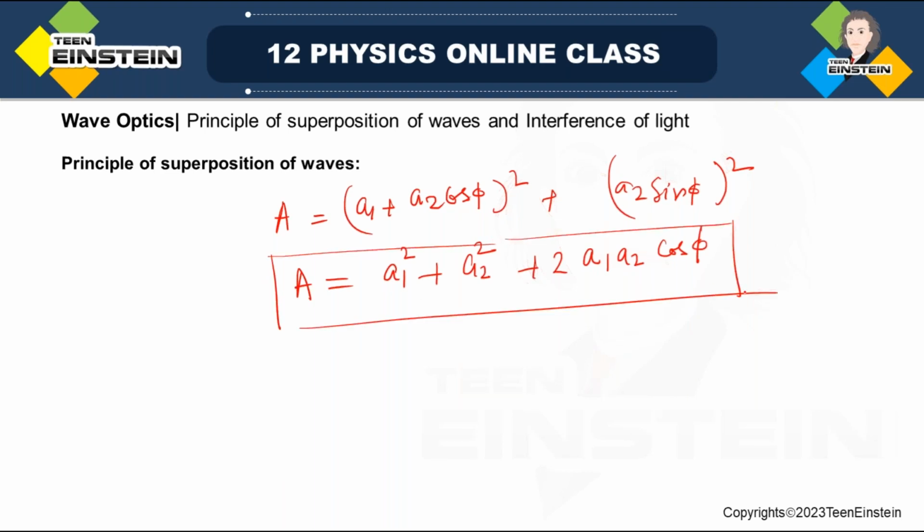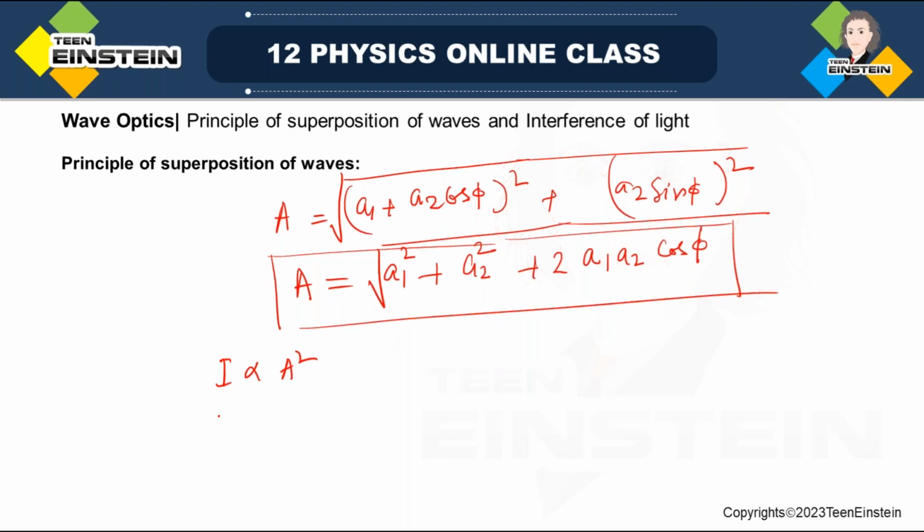Okay, I'm sorry, this is the square root of this. This is amplitude. Now what will be the intensity? Intensity is directly proportional to the amplitude square. So in terms of intensity, we have to square this up.